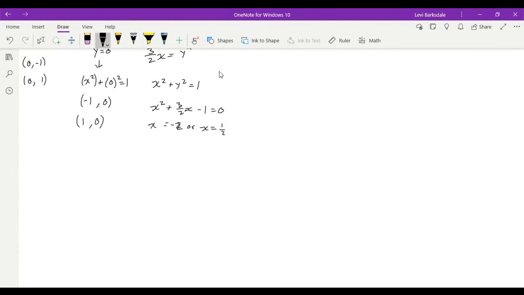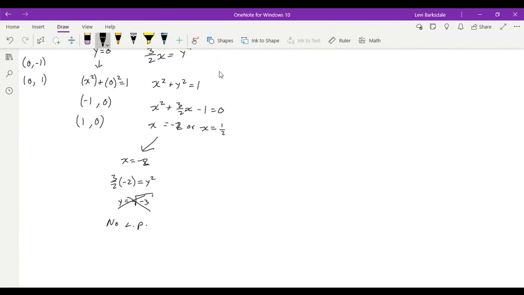If x is equal to negative 2, then 3/2 times negative 2 is equal to y squared. Since this is negative, I would have the square root of negative 3. Since that's an imaginary number, we can't do that. So we have no critical points.